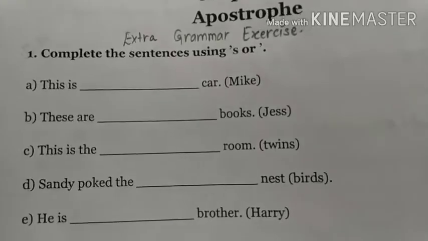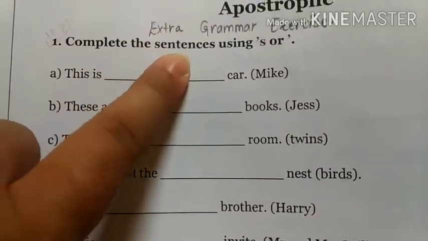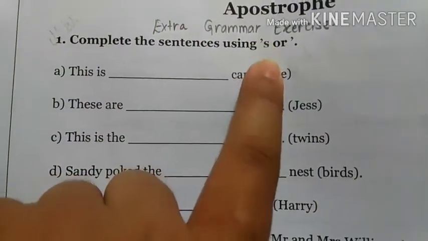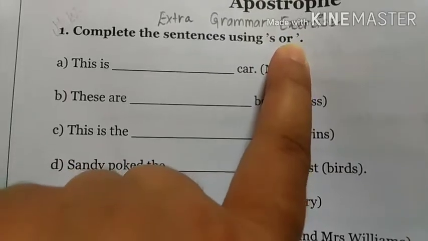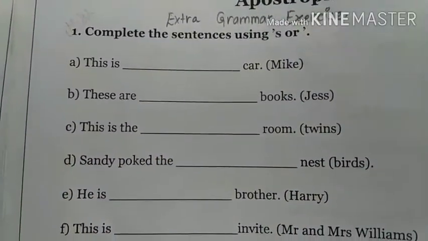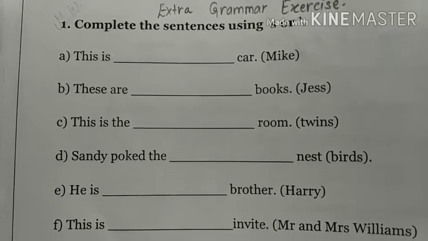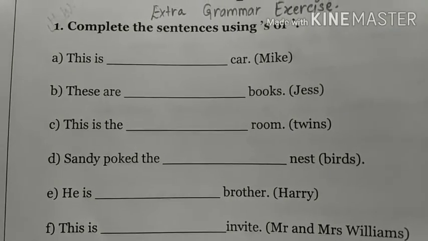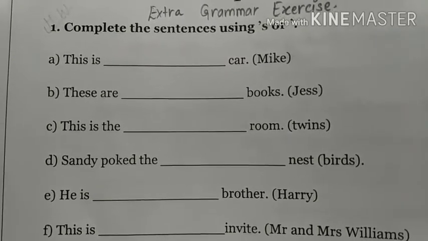Like this, you need to write complete the sentences using apostrophe S or apostrophe. Done. Now write it down.